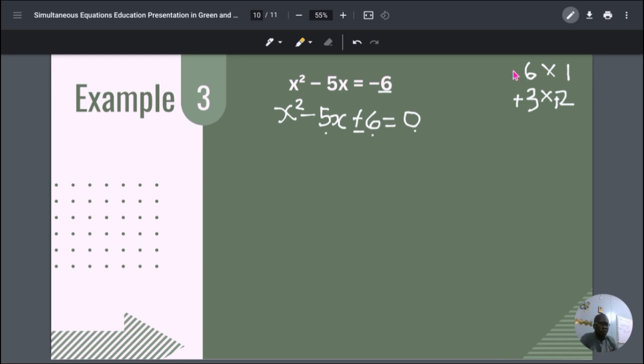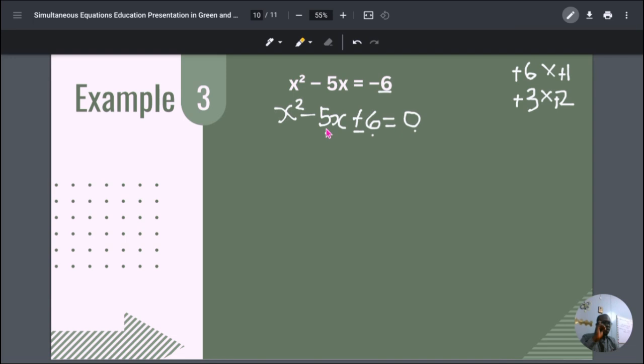If I do plus 6 and plus 1, of course, plus 6 times plus 1 will give me a plus 6, because 6 times 1 is 6 and plus times plus is plus. But if I do the addition, plus 6 plus 1, I'm having 7. So it's not arriving at this.